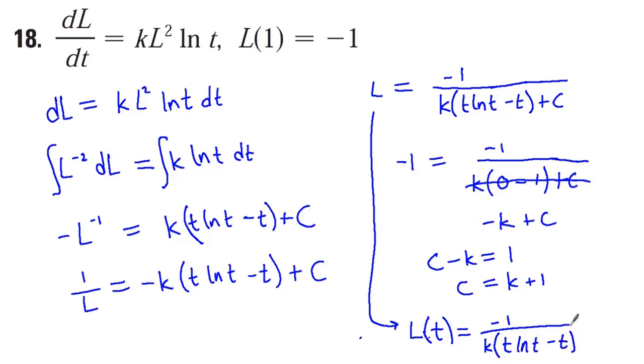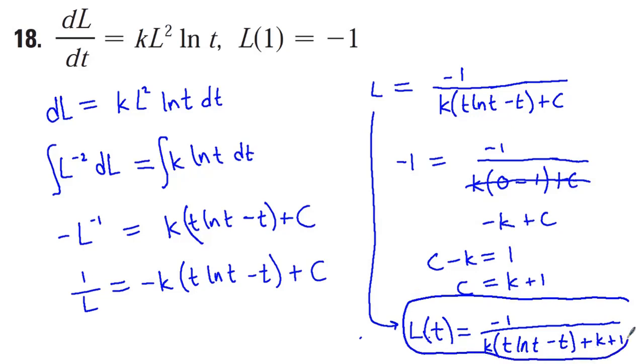Maybe you don't have the factored part here. I don't know. But there we go. That is the particular solution to this initial value problem. This is the general solution here. And that's all there is to it.